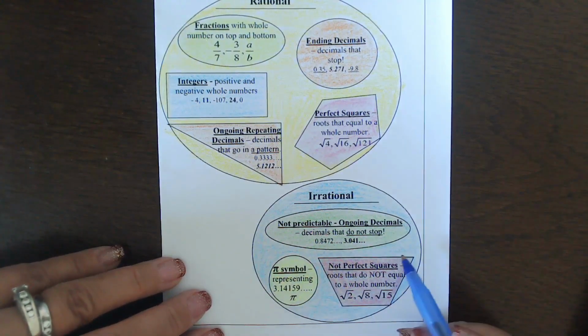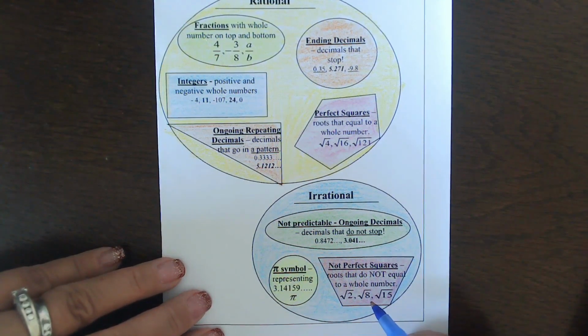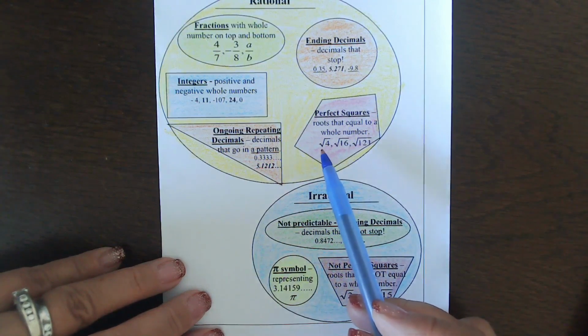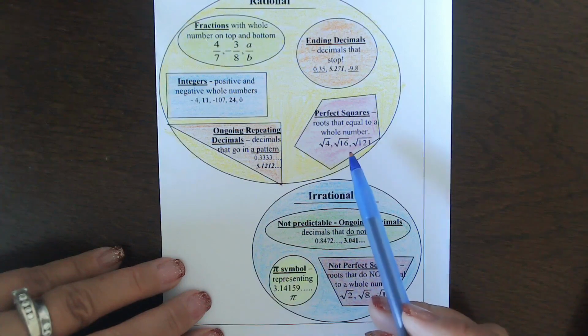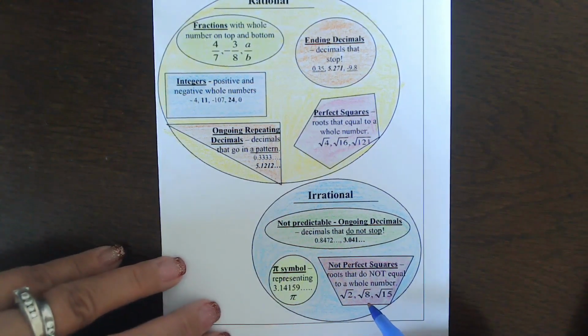Not perfect squares. Those have roots that do not equal a whole number. So for perfect squares, we had square root of 4, 2, that's rational. Square root of 16, 4, that's rational, whole numbers. But the ones in between, they're not perfect squares.